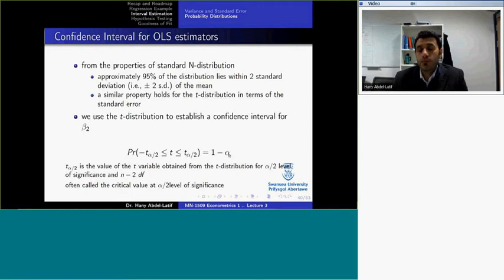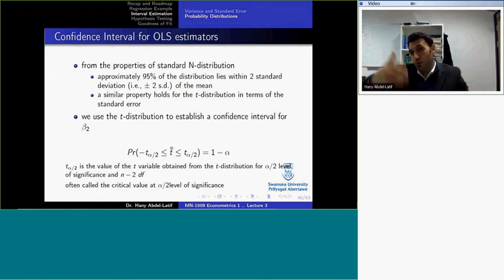This should equal 1 minus alpha, where alpha is the significance level. So to construct the 95% confidence interval, alpha should be 5%, and 1 minus 5% gives you 95%.